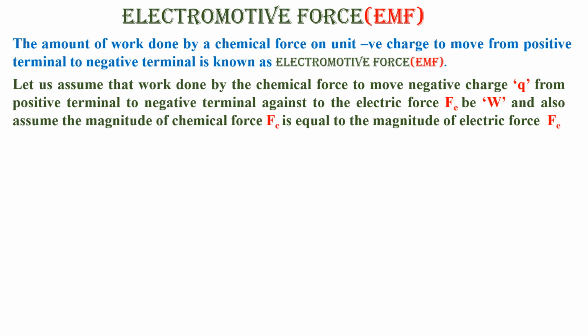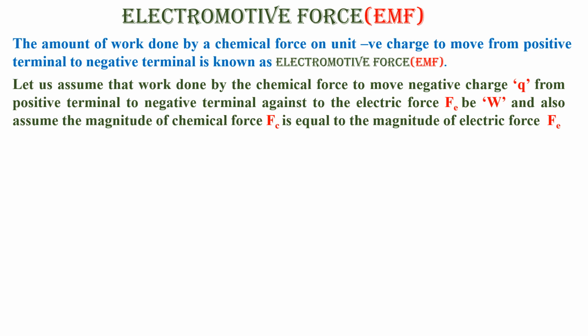So when the negative charge Q is moved from the positive terminal to the negative terminal against the electric force, we call it W. Also assume the magnitude of chemical force Fc is equal to the magnitude of electric force Fe. W means work.